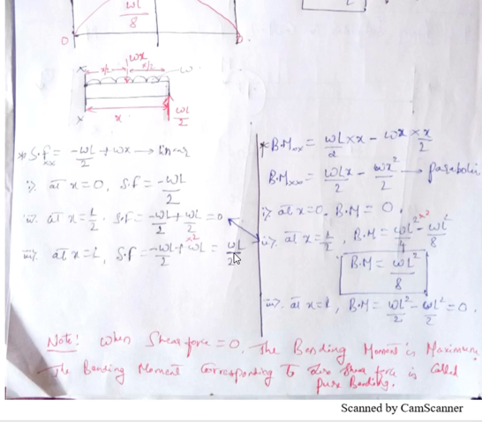Now look here, the line which I am going to join is linear. At x equal to 0 value is minus WL by 2, at x equal to L by 2 exactly at the center value is 0, then at x equal to L it is WL by 2.